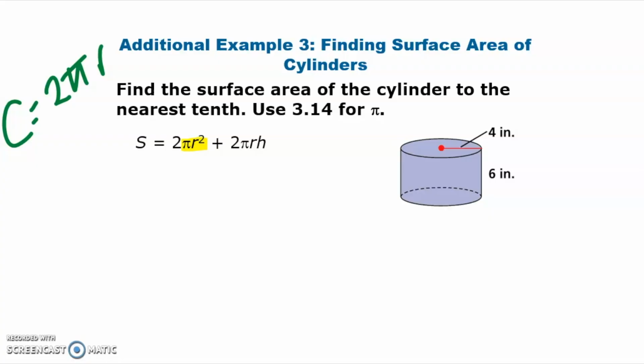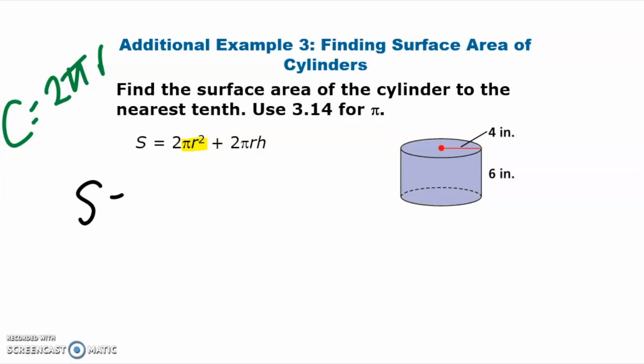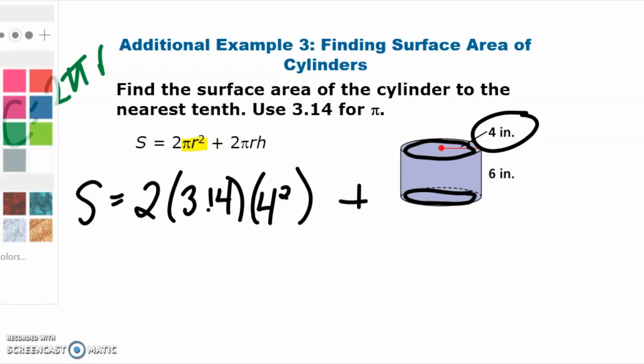So when I'm looking at my cylinder, I start with that base shape, which is right here. I've got 2 of those, one on the top and one on the bottom. So we're going to find those areas. So I would have pi, 3.14, times my radius, which is 4, squared. Then I'm going to add that to the lateral area.